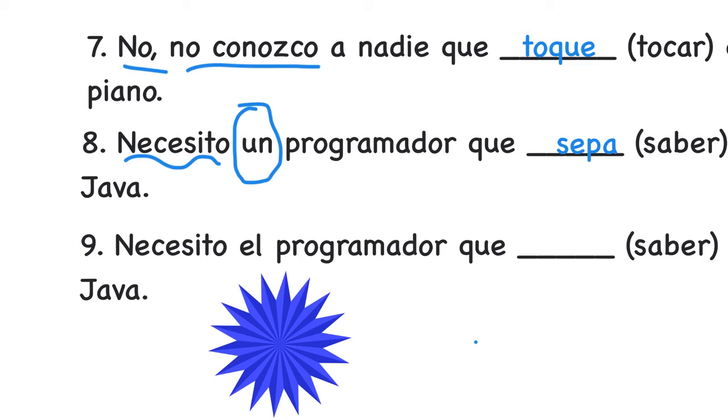The only thing that is different is the article. Un programador, el programador. Okay? El programador. Therefore, because we're using a definite article, we're going to conjugate it in the indicative. Necesito el programador que sabe Java. I need the programmer that knows Java.